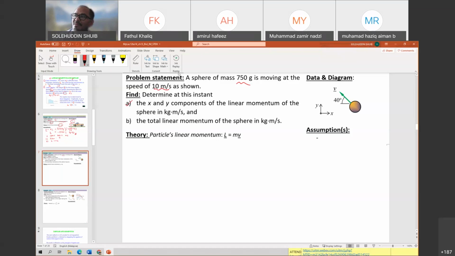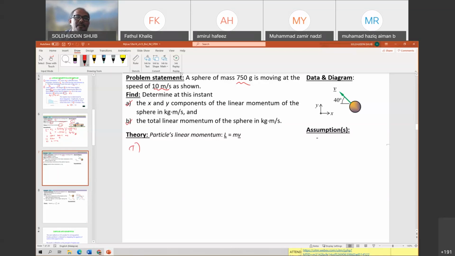Second one, you have to find the total linear momentum of the sphere in the same unit, kilogram times meter per second. The theory is the same, particle's linear momentum, L equal to mv. So we start with part A.